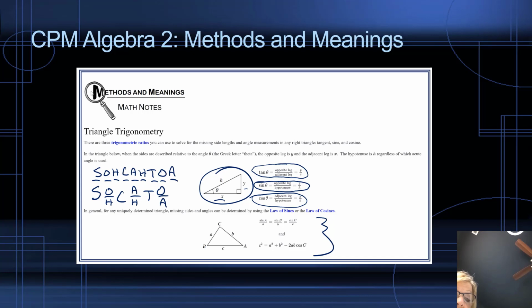So you have it here. Sine is opposite over hypotenuse, cosine is adjacent over hypotenuse, tangent is opposite over adjacent, and remember, it is only with right triangles. Okay, so that takes you through the whole methods and meanings pretty much in detail.